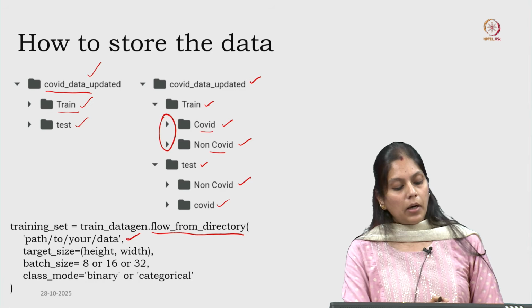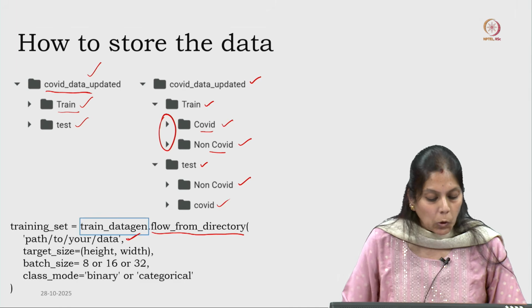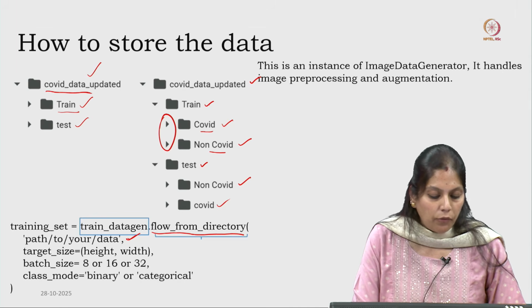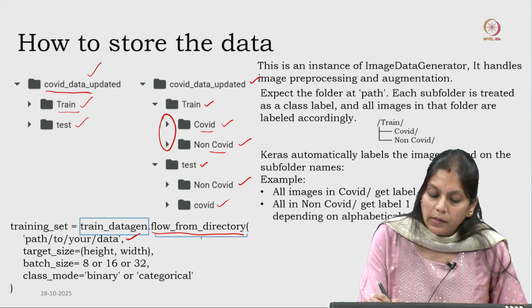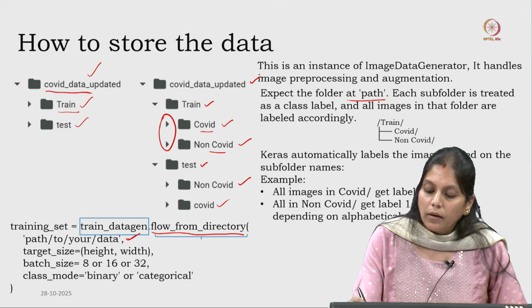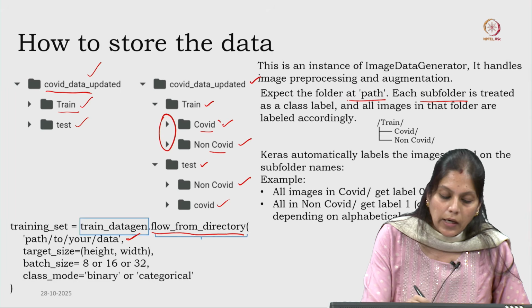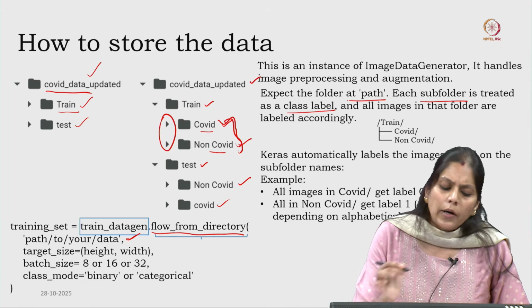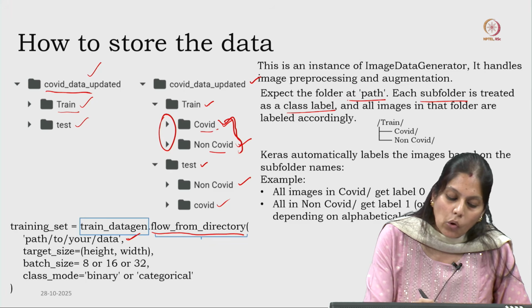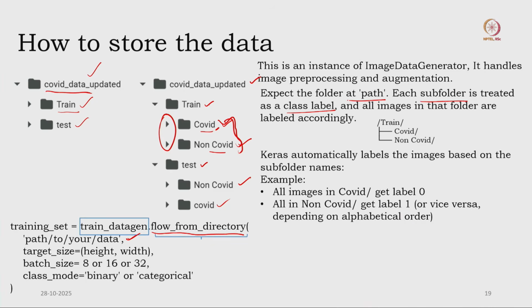The flow_from_directory expects a path, where each of these subfolders is treated as a class label, and all the images stored under COVID and all the images stored under non-COVID will be automatically labeled accordingly.